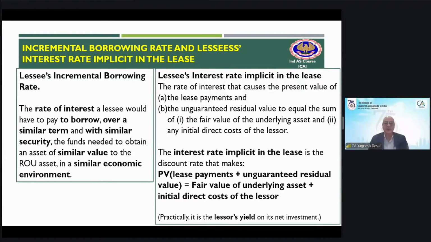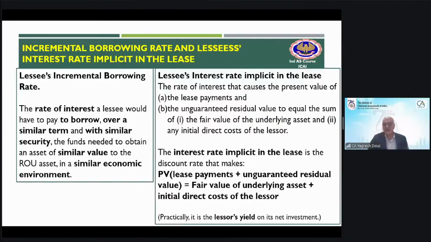So let's first look at what we mean by the interest rate implicit in the lease. This is defined in Ind AS 116: the interest rate that causes the present value of the lease payments and unguaranteed residual value to equal the sum of, on the one hand, the fair value of the underlying asset and the initial direct cost of the lessor. That should give the implicit rate.